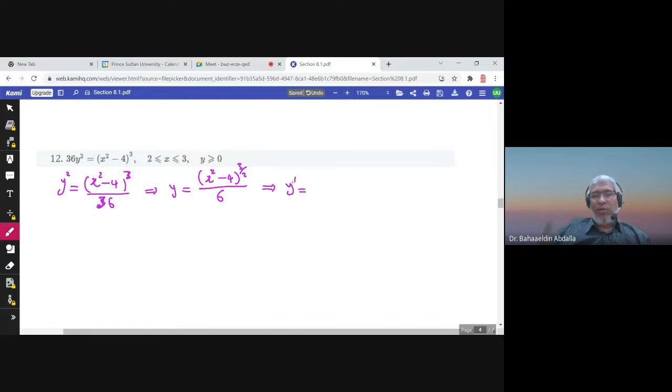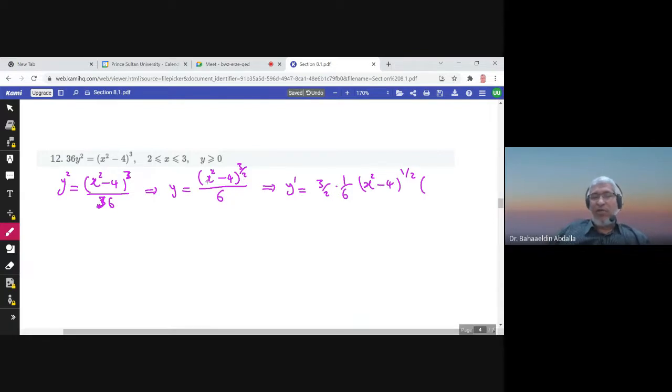Y prime would be 3 over 2 times 1 over 6 of (x squared minus 4) to the power 3 over 2 minus 1, which is half, times the derivative. Of course, this is a number 6. We can just take it out or leave it as it is.